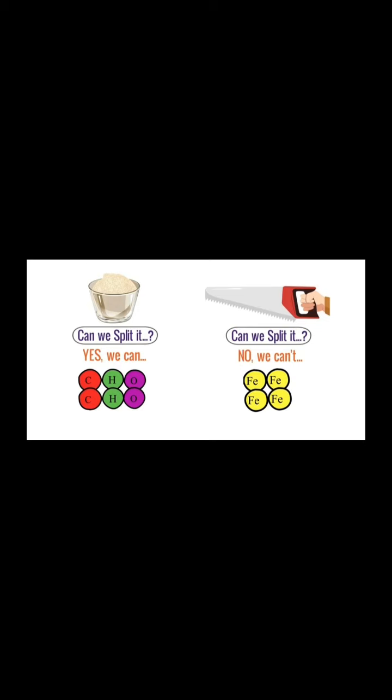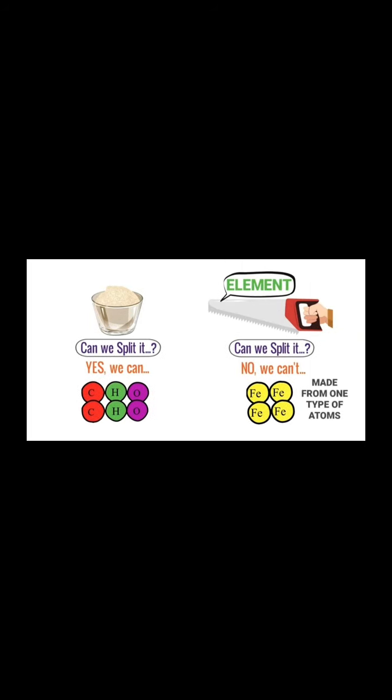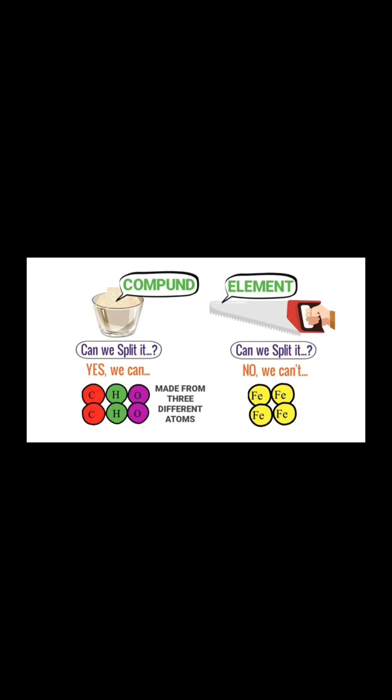Hence, iron is called an element as it is made up of only one type of atoms. And sugar is called a compound as it is made up of three different atoms, carbon, hydrogen and oxygen.